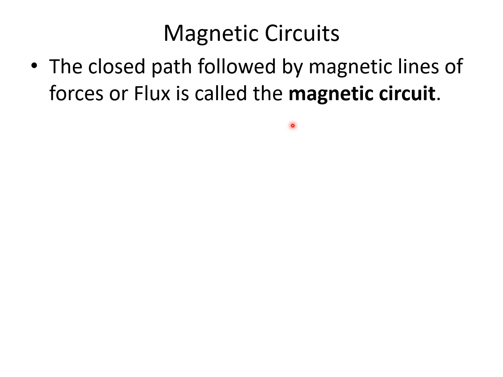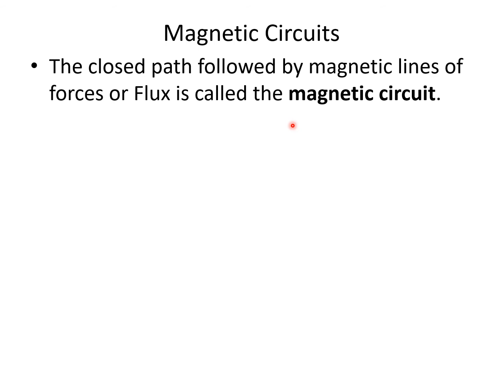In the last lecture, what we had studied was the electric circuit. What was an electric circuit? It was also a closed path followed by lines of charges. The continuous path followed by the charges was known as an electric circuit.